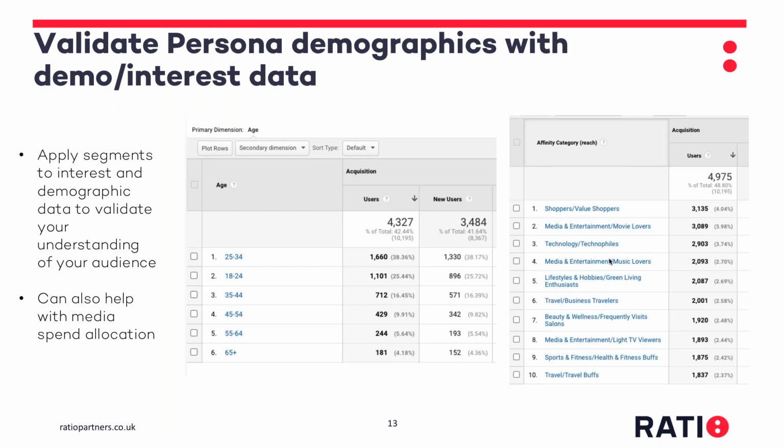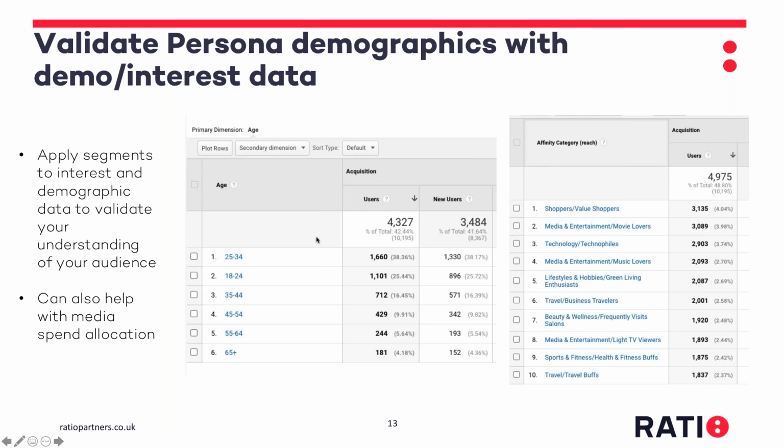So let's say you had a persona set up in Sitecore, and you had this idea in your head that the people who were matched into that persona would be between the ages of 18 to 44 typically, and that they would be really interested in technology, for argument's sake. Just having that persona set up in Sitecore, while it would be great from the point of view of being able to create a personalized experience for those people, you wouldn't actually be able to validate some of your assumptions around the demographics or interests of the people that matched into that persona.